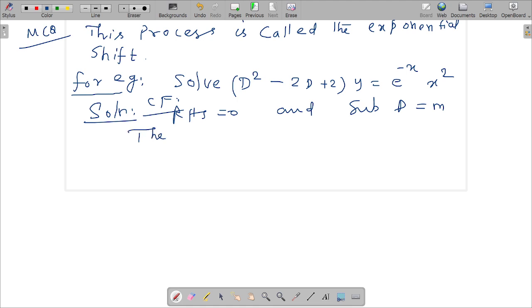Then the auxiliary equation is m square minus 2m plus 2 equal to 0.